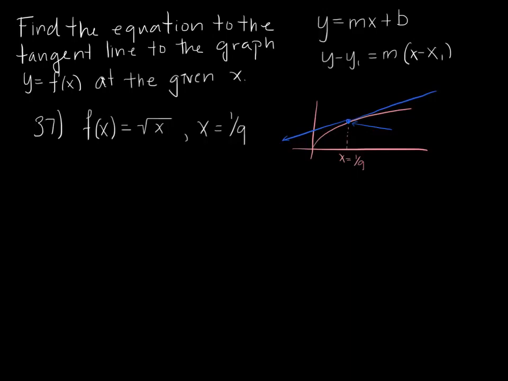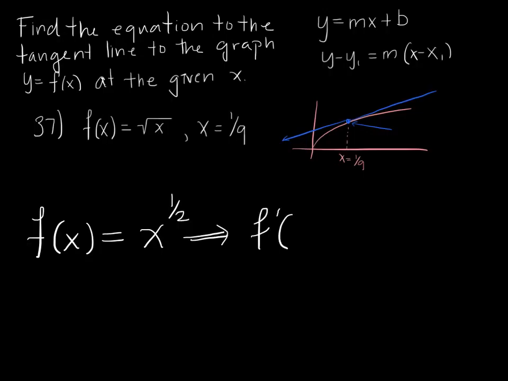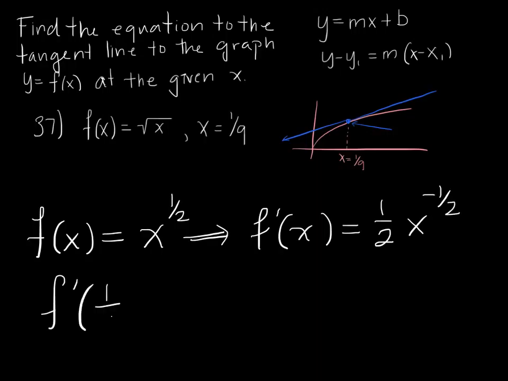So let's go ahead and start by finding f prime of x. And since we have a radical, it makes sense to change it into a fractional power. And we get f prime of x equals 1/2 x to the minus 1/2. And now we simply need to evaluate it at the value 1/9 to find the slope.